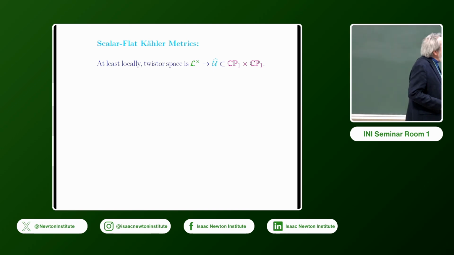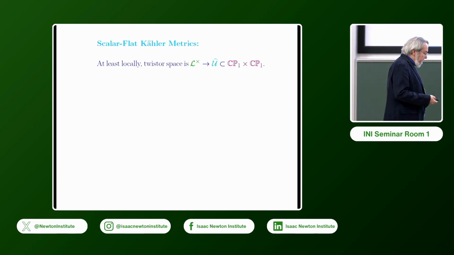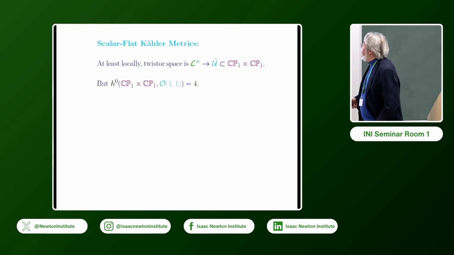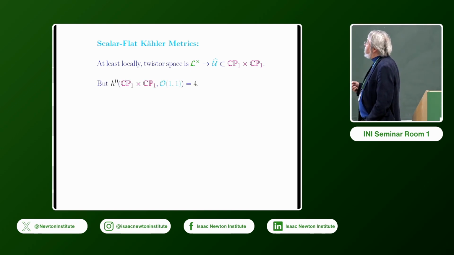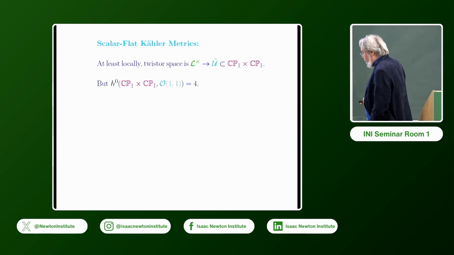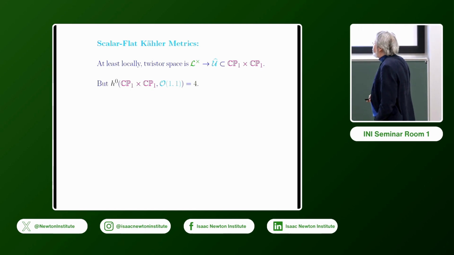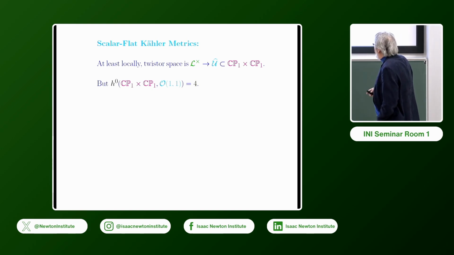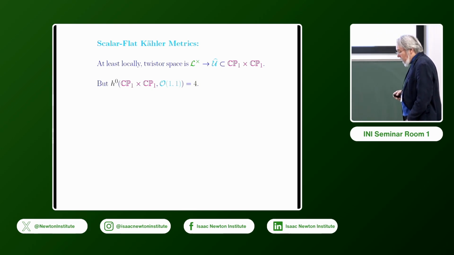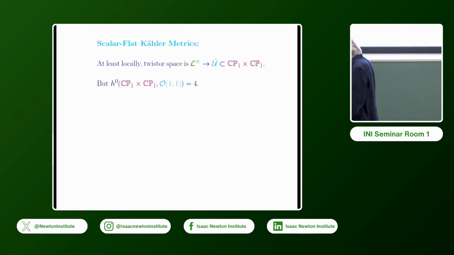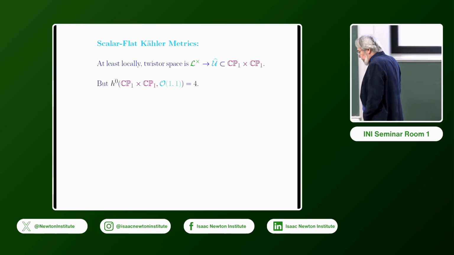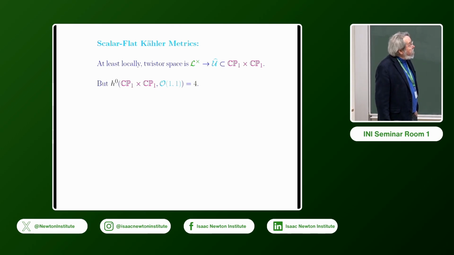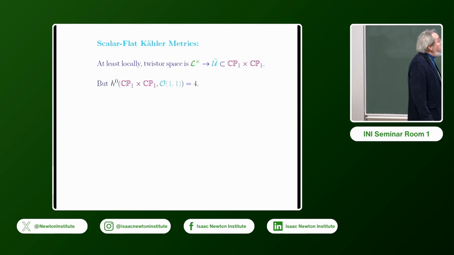On the other hand, not every anti-self-dual metric arises as the conformal class of a scalar-flat Kaehler metric. The extra criterion that you need is related to a certain line bundle having appropriate sections. So here we have our twistor space, a principal line bundle over a region in CP1 times CP1, and CP1 times CP1 has lots of sections of the O(1,1) holomorphic line bundle.